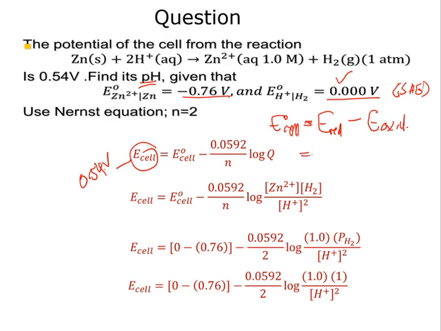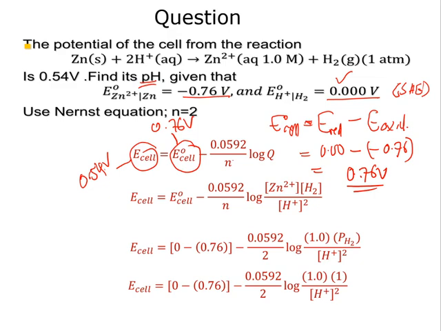So what you get is 0.00 minus minus 0.76, which is equal to 0.76 volts. So E naught is equal to 0.76 volts. All right. So we go step by step.